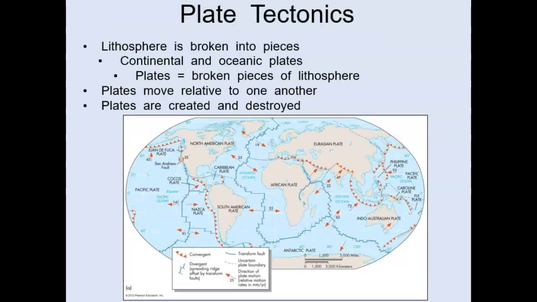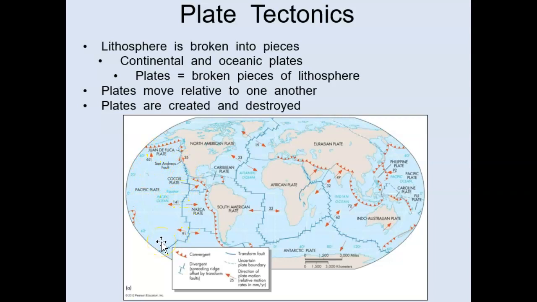As I had mentioned earlier, the plates are made up of lithosphere, from this material. In fact, the whole lithosphere is broken up into pieces, which we call the tectonic plates. These tectonic plates can be oceanic or continental in nature, meaning containing mostly oceanic lithosphere, like this plate that you're seeing here, kind of subdivided, right?